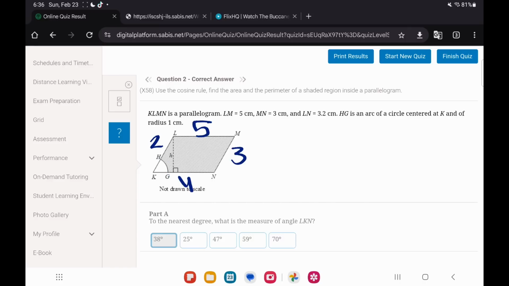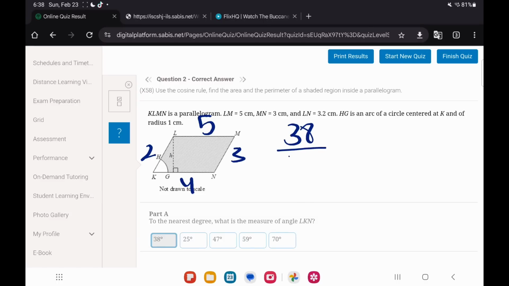arc here. Now we have to find the circumference of the arc so we can find the last side. To find the circumference, we know it's the angle, which we found, which is 38.